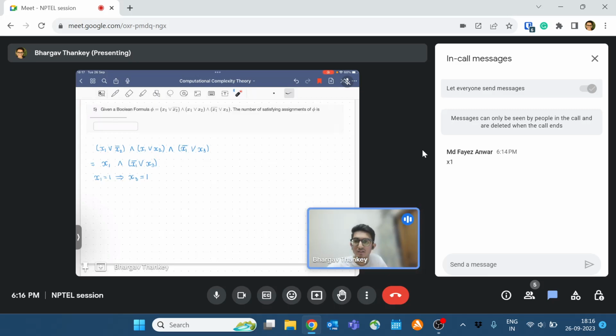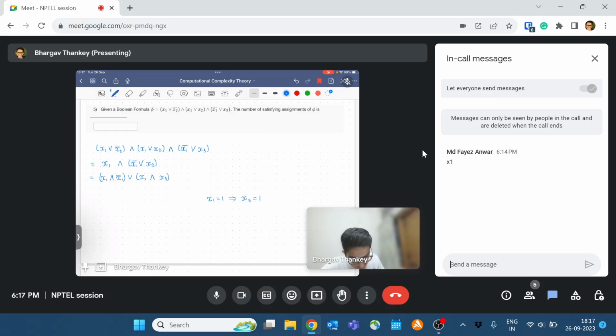Okay, yeah. So this thing is not equivalent to x1 or x3. This is equivalent to x1 and x3. If you want to do it, it's like this: this is equal to x1 and x1 complement, or x1 and x3.